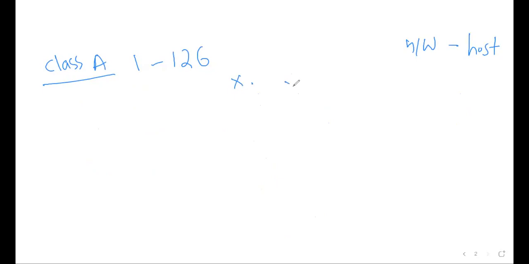Let's talk about class A addresses. The range is from 1 to 126. Any class of IP, as I said, has 2 portions, one called network and one called host. For class A, you have 4 octets.